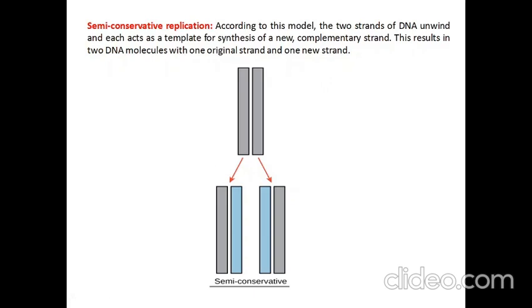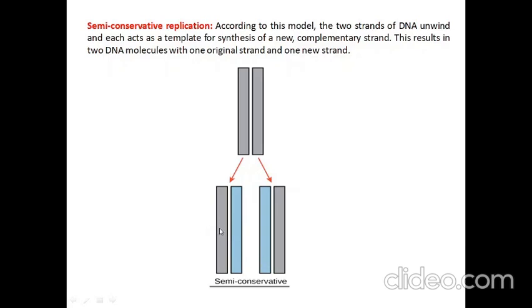Then the third model was given, the semi-conservative replication. According to this model, before replication both the strands are unwound, and each parental strand gives its complementary strand, which is synthesized.